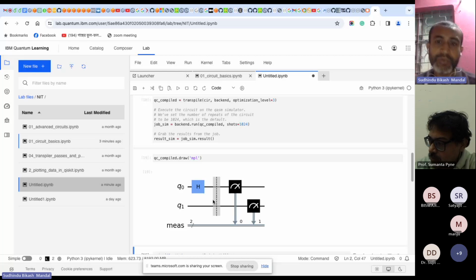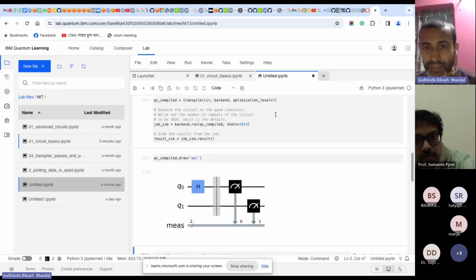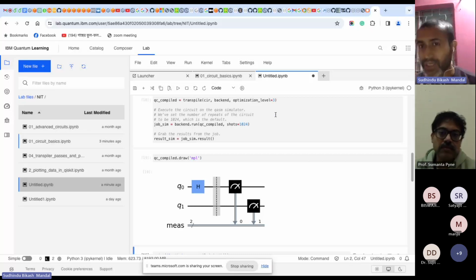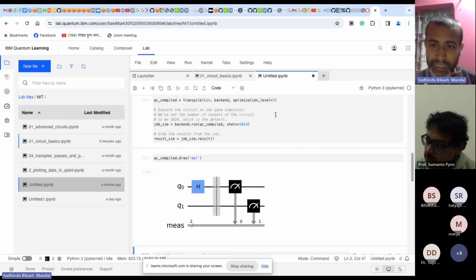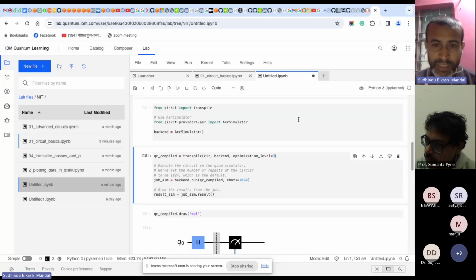So by using this optimization in Qiskit, there are 4 optimization levels: 0, 1, 2, and 3. 0 optimization level means the quantum compiler, this transpiler, does not optimize your circuit. 1 means it's just checking if there is any identity. Yeah, it will be the same.